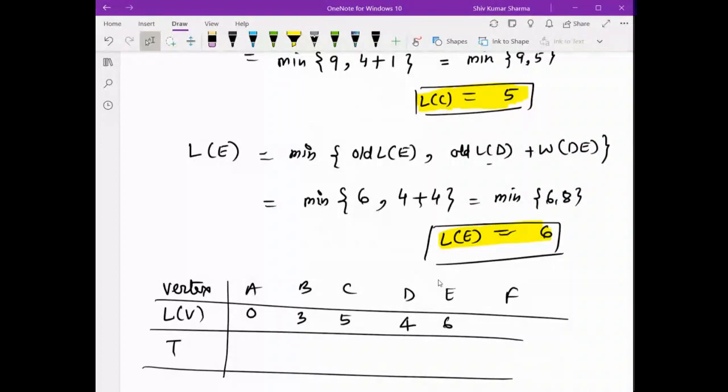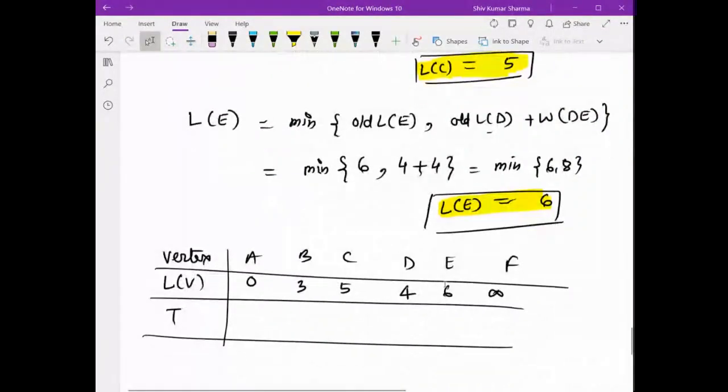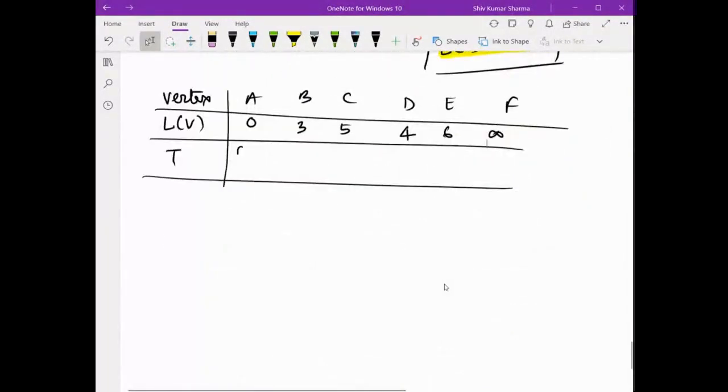The new level of E is 6 and F has infinity. Because we gave the permanent level to vertices A, B and D, the remaining vertices in T are C, E and F. T basically represents how many vertices are remaining to be given the permanent level.